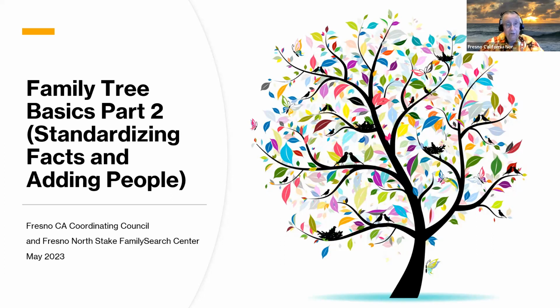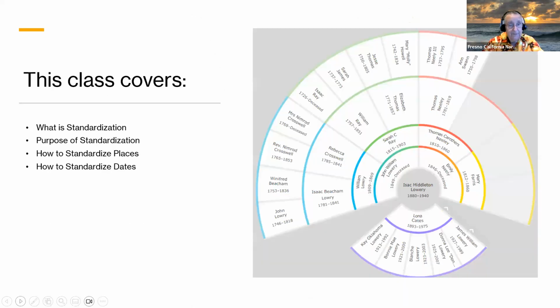And so what we're trying to do is present all these little things about the tree that we really should understand and comprehend so that we can do a good job in building our tree. So tonight we're going to focus on standardizing. We'll talk about standardizing names, places, and dates.